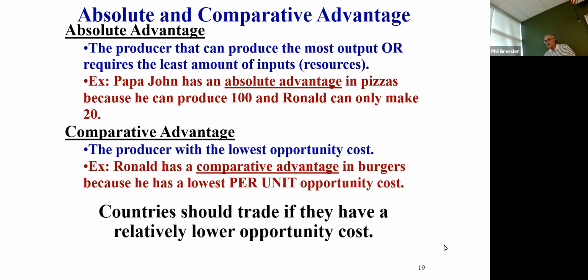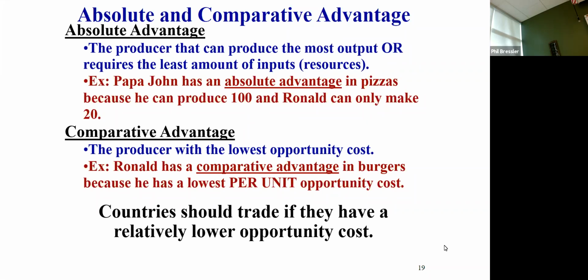All right. Absolute advantage is the producer that can produce the most output. If it's an output problem, we're looking at who can produce the most. If it's an input, we're looking at who's using the least. Input is like hours; I want to work the least amount of hours to make a bushel of corn. You can have the absolute advantage in both.